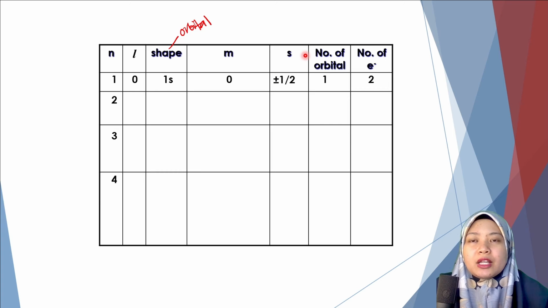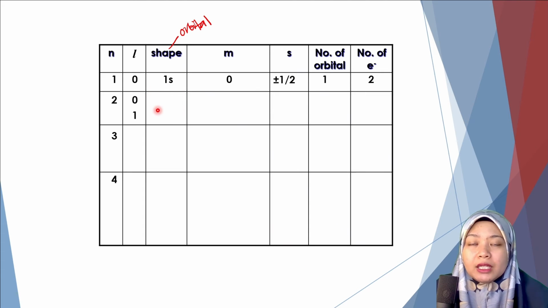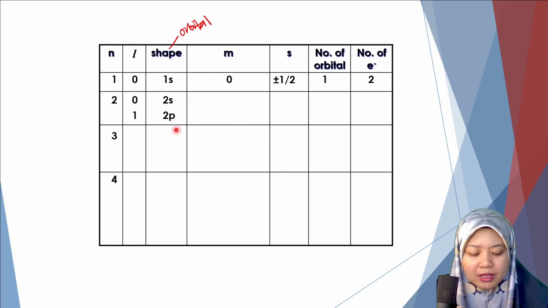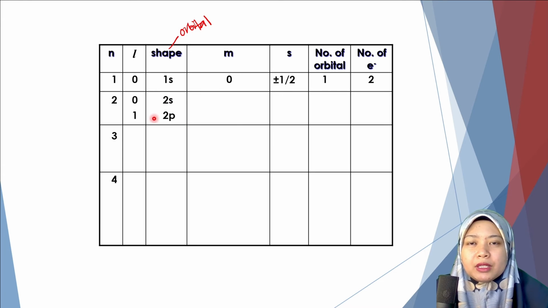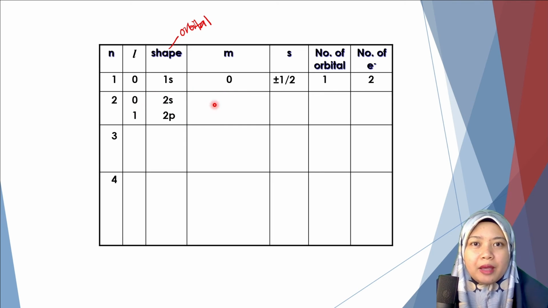The next one is when n equals 2. L will have the values 0 and 1. If 0, that means the orbital is 2s. If L equals 1, the shape of the orbital is 2p. For 2s, the value of m refers to the value of L, so m here will be 0.